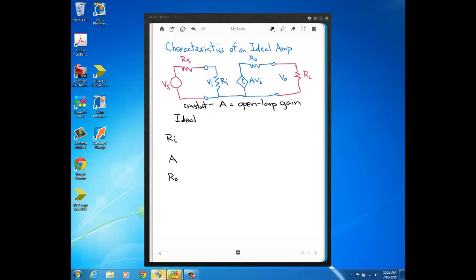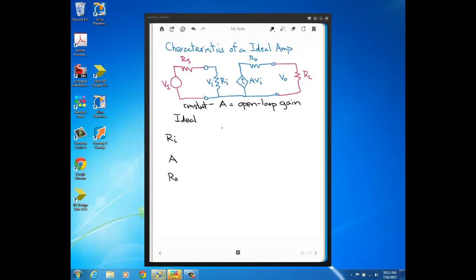And then over here at the output side, this load resistor just represents whatever you're connecting the amplifier output up to. So for example, this could represent a speaker. And again, this over on the input side is a signal we want to amplify. So, as an example, this could represent a guitar pickup. Alright, so let's go ahead and find these ideal values.